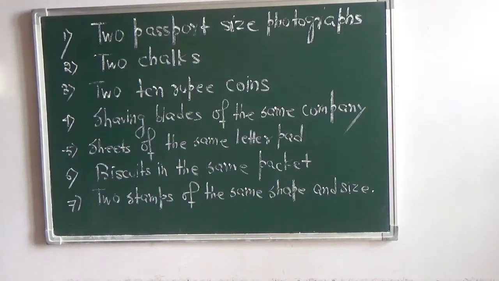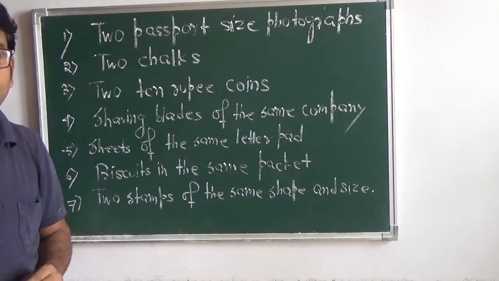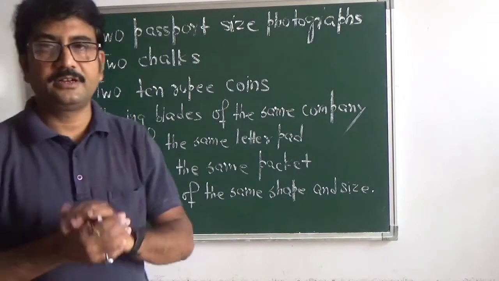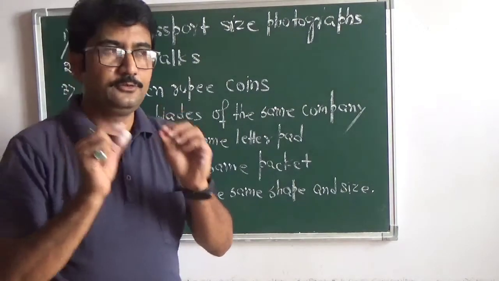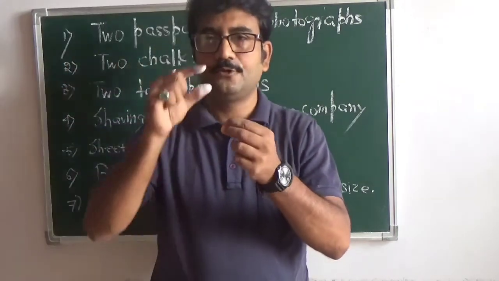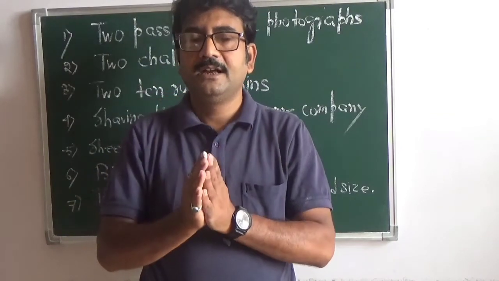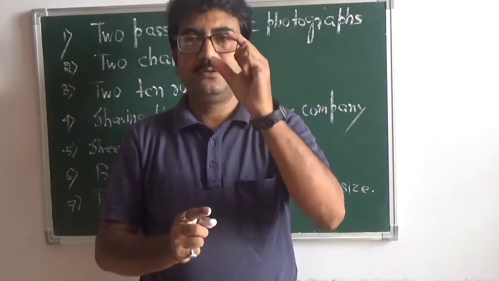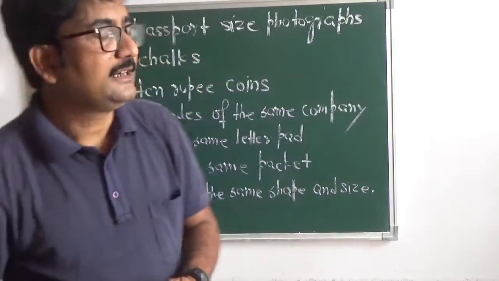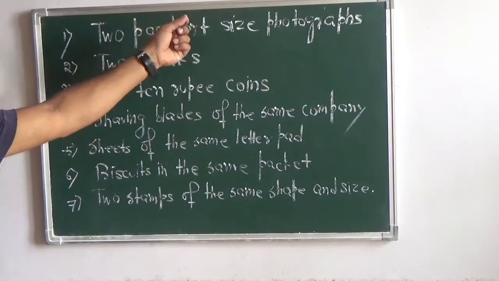Now what can we say about all these, what is written on the board? Two passport size photographs. When you go for passport size photographs, you find that when one is kept over the other, that is when they superpose or overlap, they appear as only one photograph. That means they are equal in every respect.